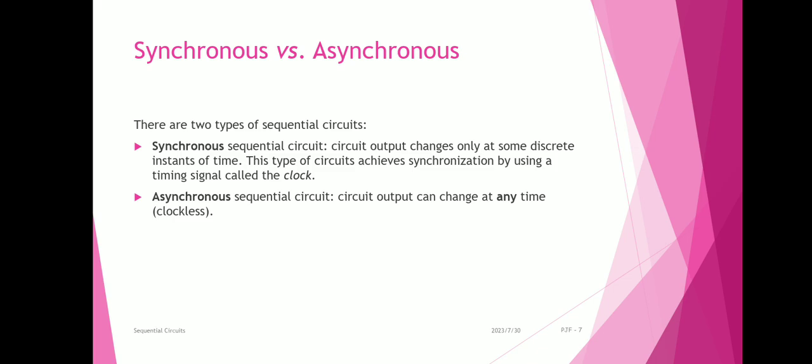So logic paths that complete their calculation quickly spend most of the time waiting for the next clock pulse, so synchronous logic can be slower than asynchronous logic. One way to speed up synchronous circuits is to split complex operations into several simple operations performed in successive clock cycles, which is called pipelining.